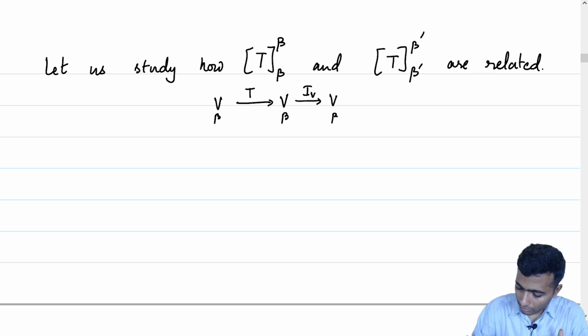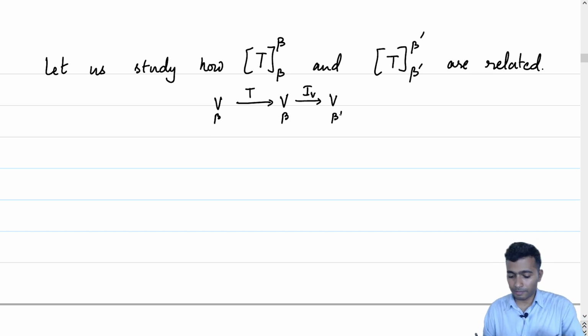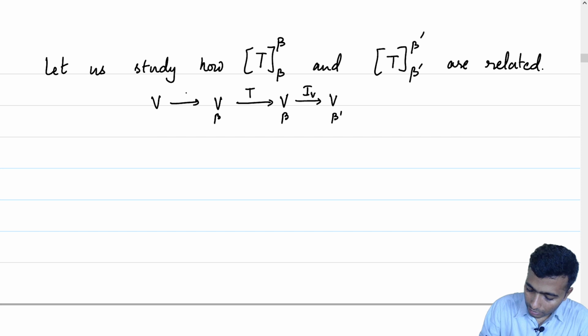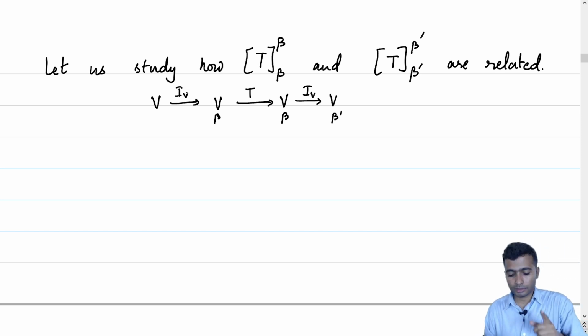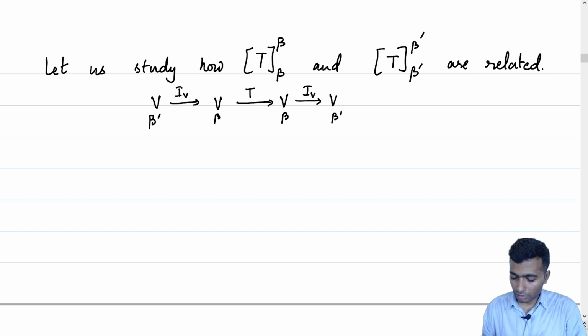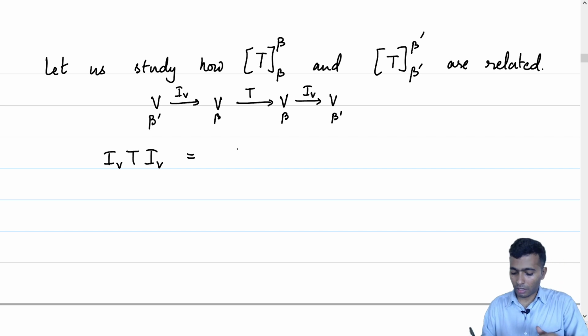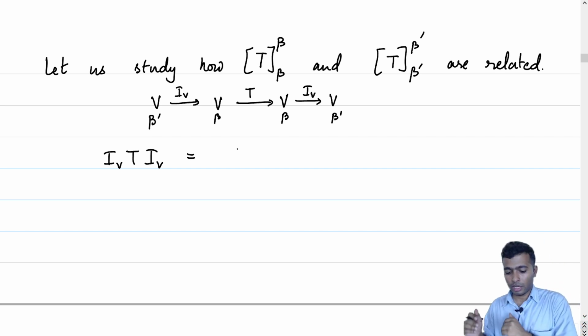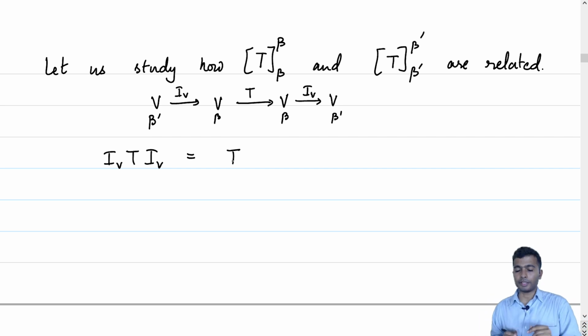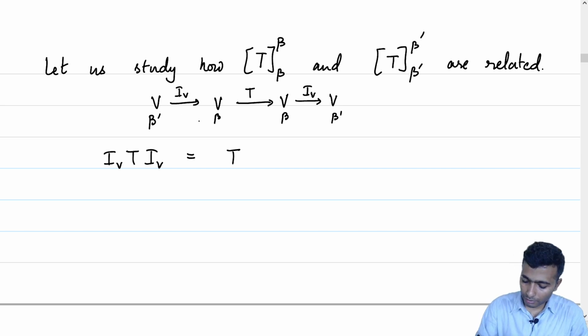However, the range let us consider with respect to beta prime, and here again let us consider the identity, here it is with respect to beta prime. So, what this chain tells us is that I_V T I_V is equal to identity composed with T composed with identity, it is nothing but our T, right. So, this map is also T.